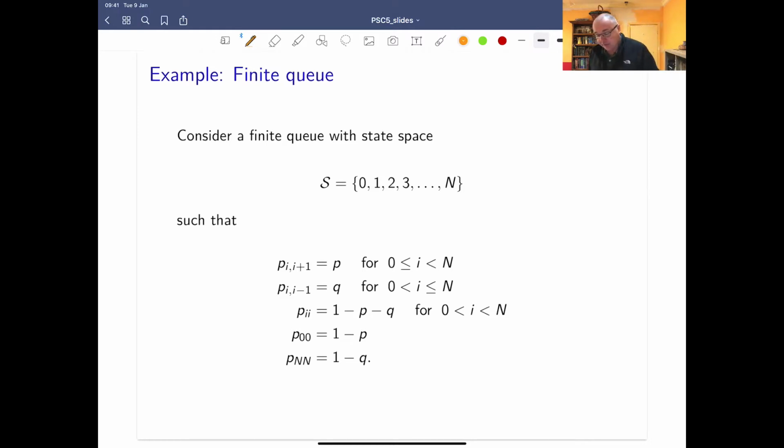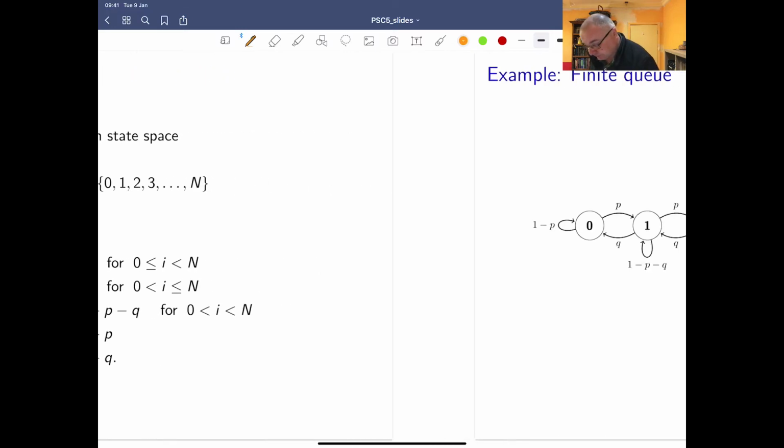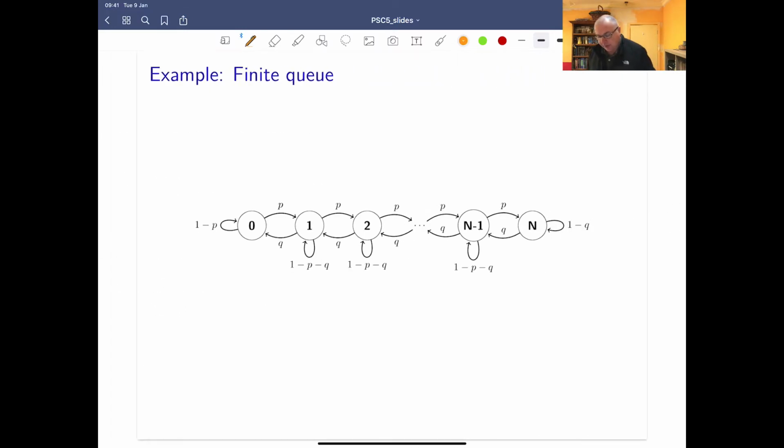That's fine except for the boundary conditions. We've got two. First, the probability of a queue having 0 people and in one time step staying with 0 people is 1 minus p. And the probability of it being full and staying full is 1 minus q. Here's our queue. The circles indicate the number of people in the queue.